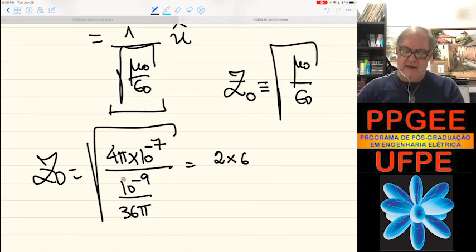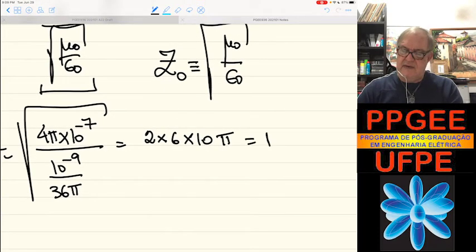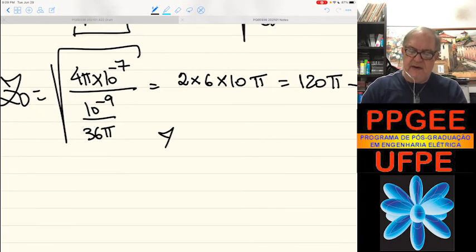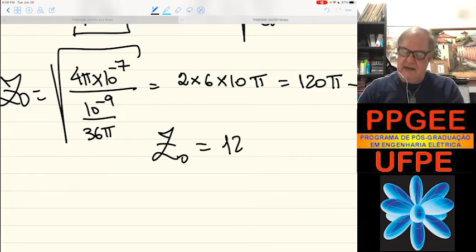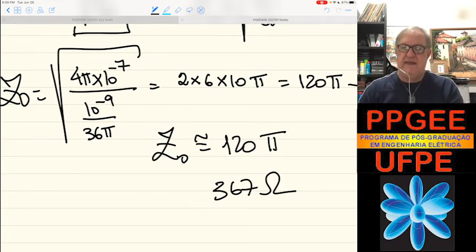Then 10 to the minus 9 becomes 10 to the 9, 10 to the minus 7 is 10 to the second times 10. Then we have a pi squared, it's going to be a pi. So that's 120 pi ohms. So Z0, the vacuum wave impedance, is 120 pi approximately. That gives 377 ohms approximately.